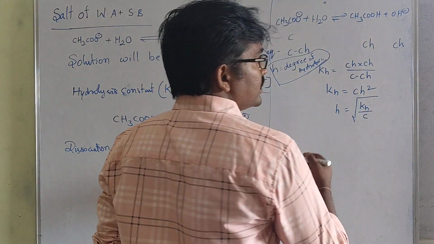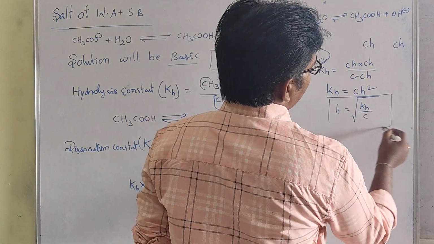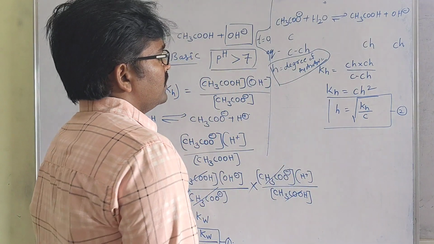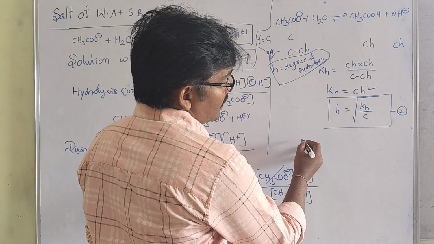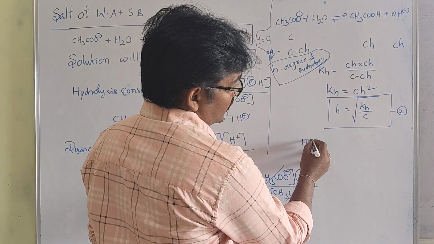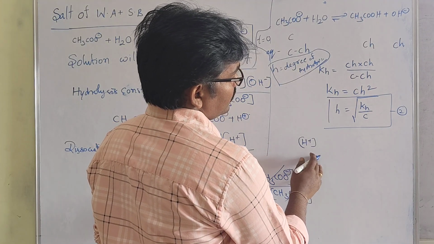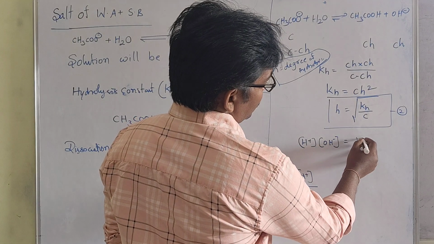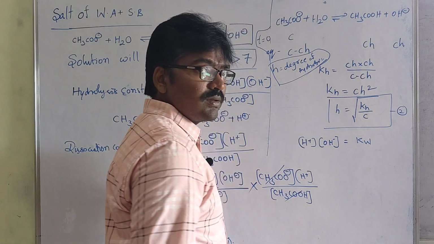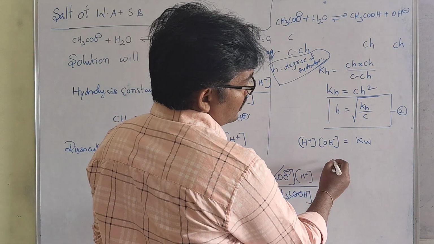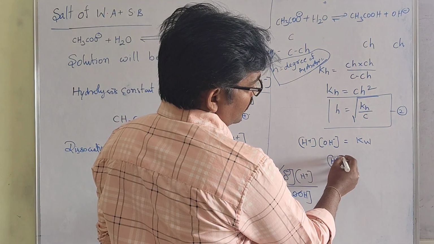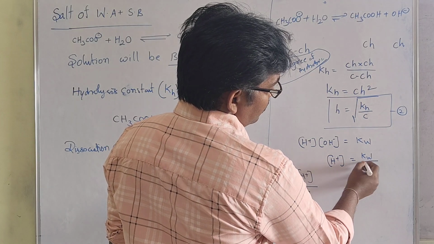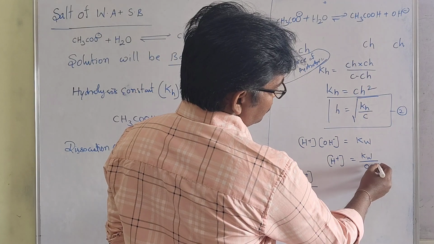So this is equation number 2. Next, from the ionic product of water, H plus ion concentration into OH minus ion concentration is equal to Kw, right? Then H plus ion concentration is equal to Kw divided by OH minus ion concentration.